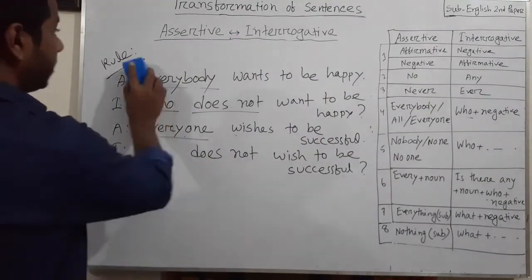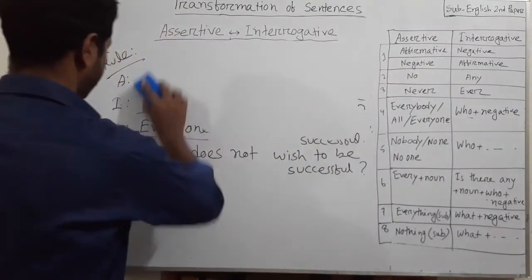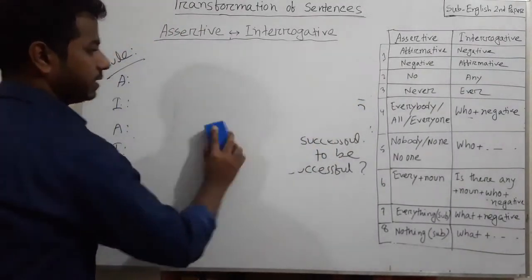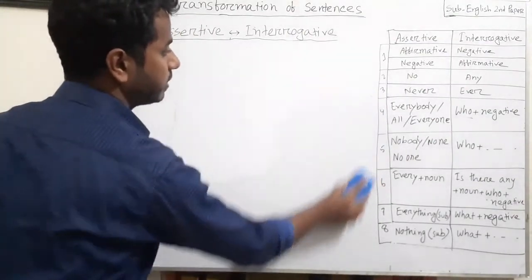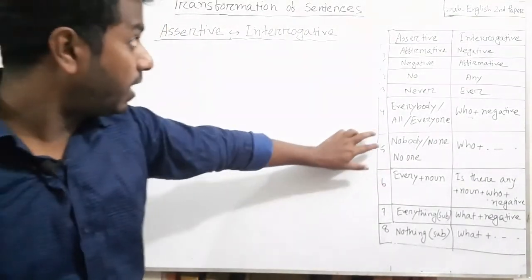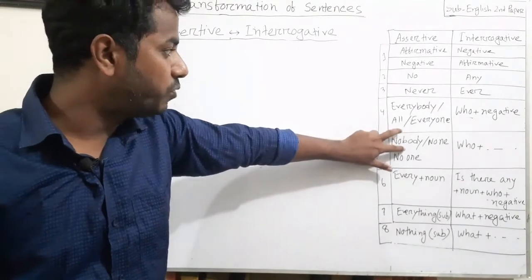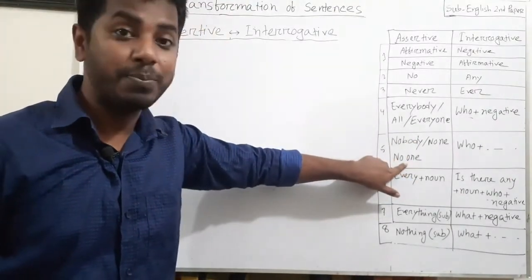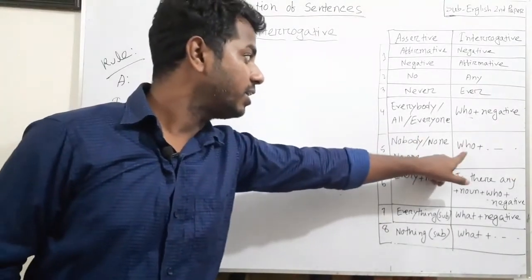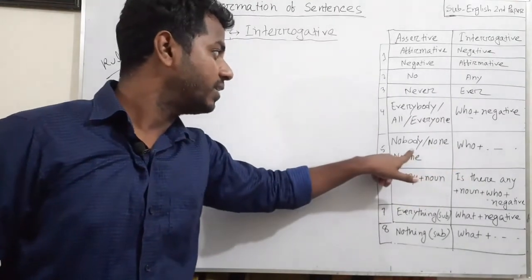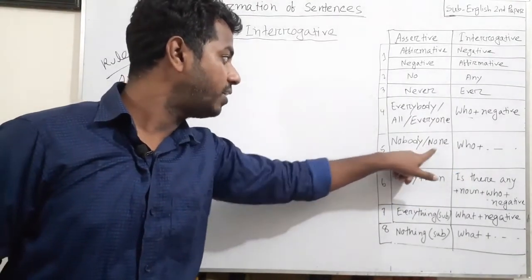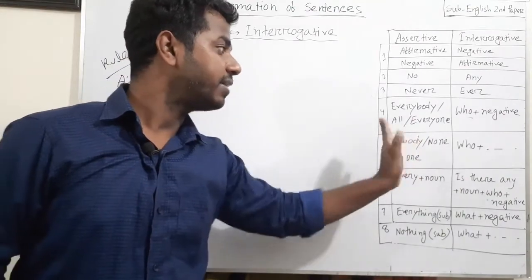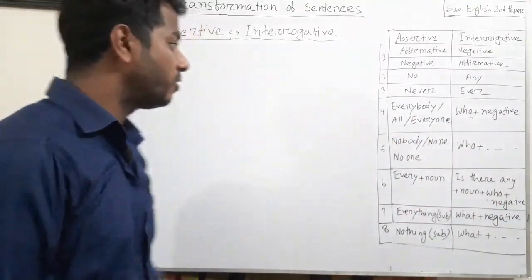Okay, then next rule. If in an assertive sentence there is nobody, none, or no one as subject, in the interrogative sentence you have to write who instead of nobody, none, or no one, and the rest of the sentence will be the same in the interrogative sentence.